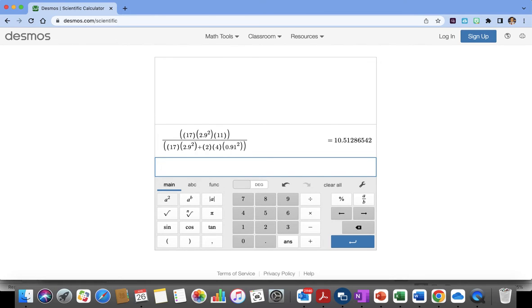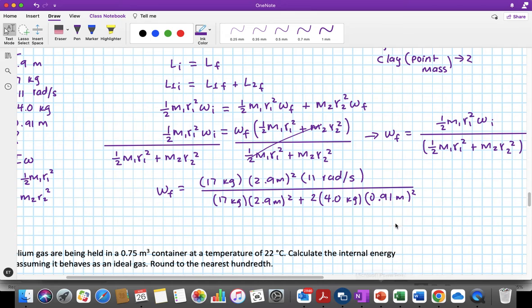And there you go, 10.51. I said nearest hundredth, so 10.51 it is. That is our angular velocity. Let's go back to OneNote. So the final velocity would be 10.51 radians per second. All right, and that's it. This is how you solve it.